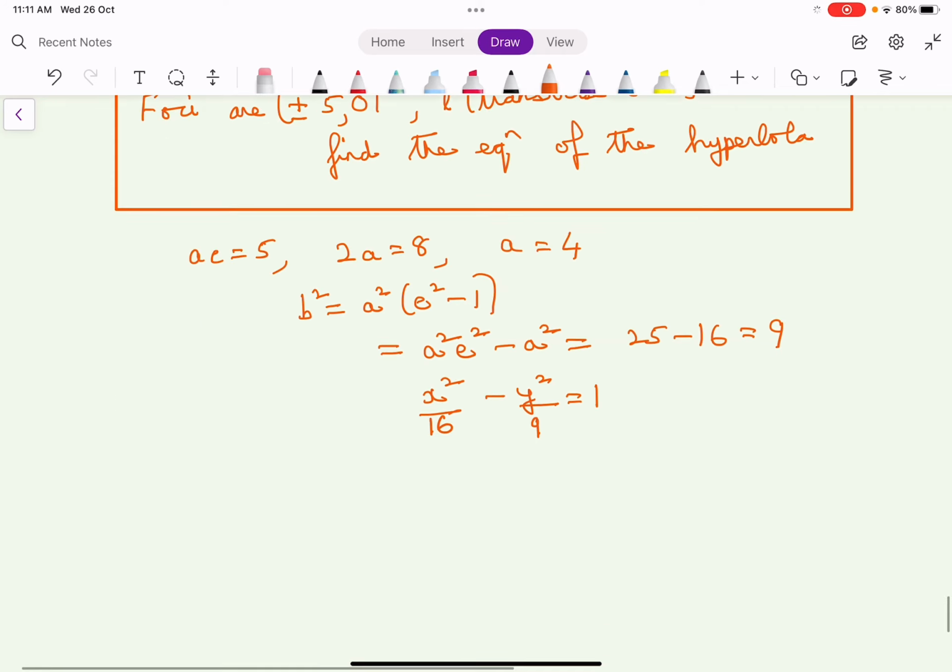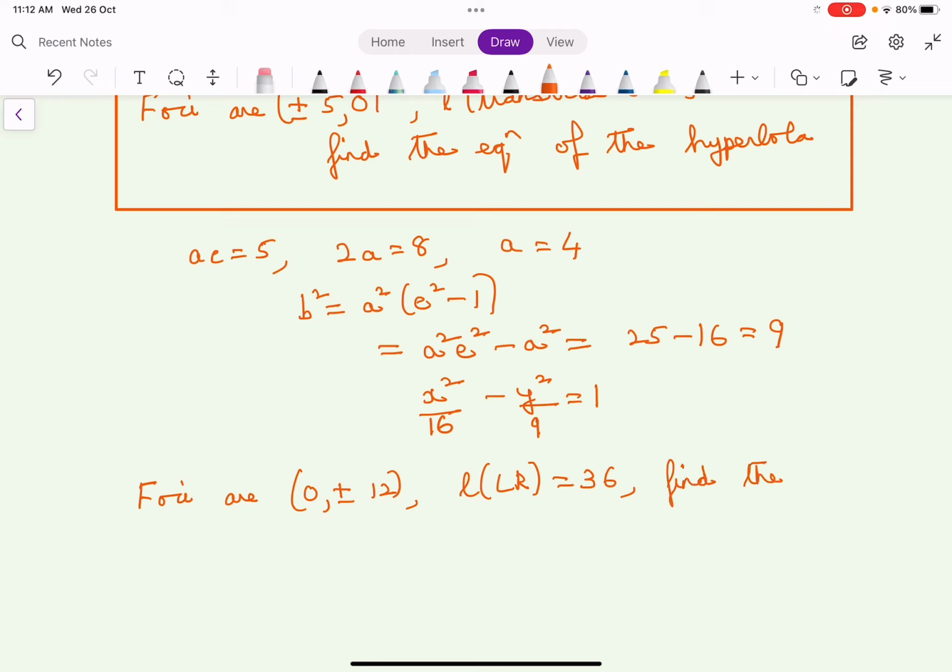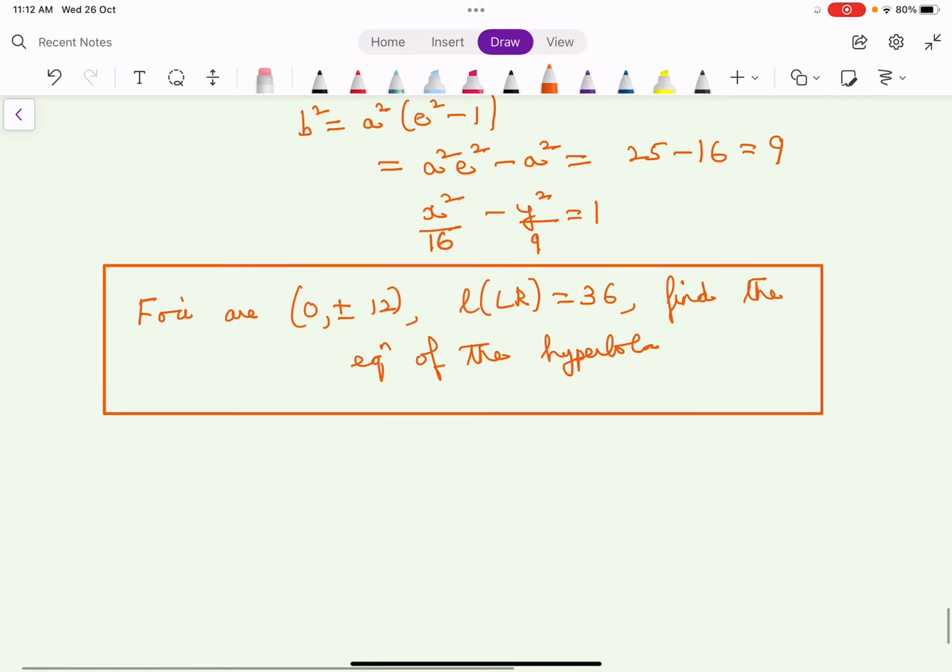Okay, in the next question, your foci are 0 plus or minus 12. Length of the latus rectum is 36. Find the equation of the hyperbola. So the second form, AE is 12, length of the latus rectum is given by 2b squared by a is 36.